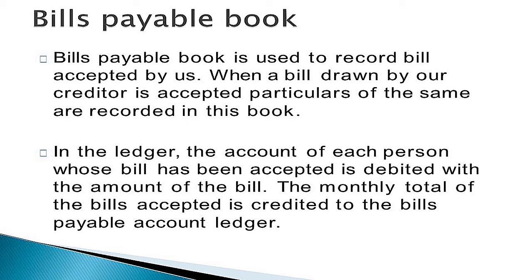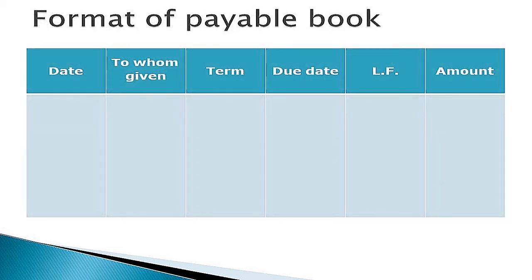So we record the bills which we accepted, and that book is called the bills payable book. In the ledger, the account of each person whose bill has been accepted is debited with the amount of the bill. The total of the bills accepted is credited to the bills payable ledger. The format is the same.